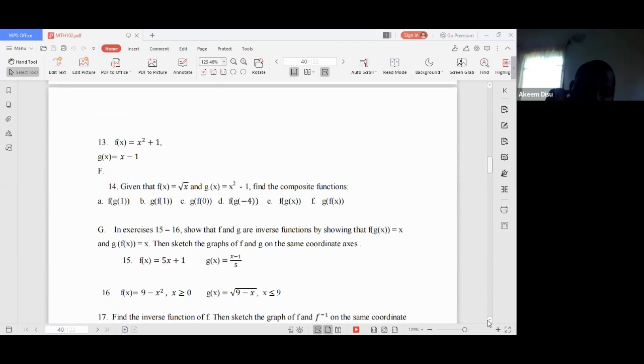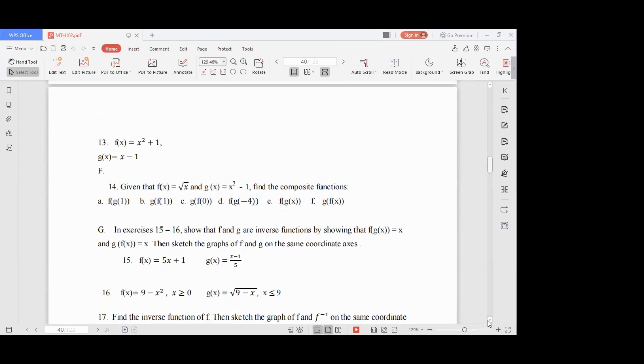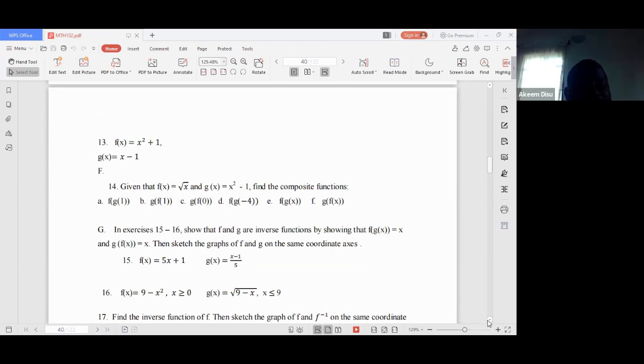Okay, can you see question 14? Can you see question 14? Hello? Yes. Okay. We have given that f of x is equal to root x and g of x is equal to x squared minus 1. It says find the composite function. Let's just take a and b of it. Do you get it?